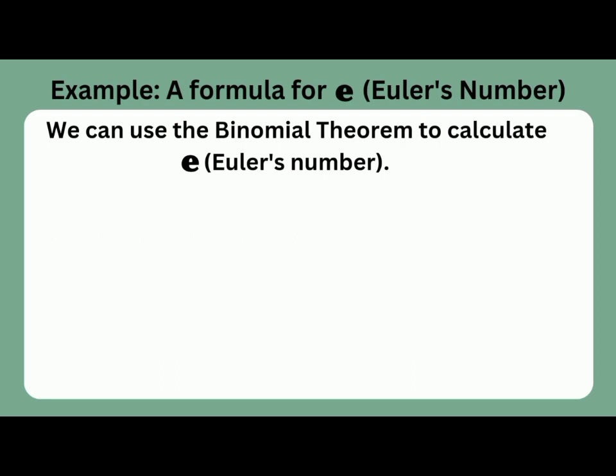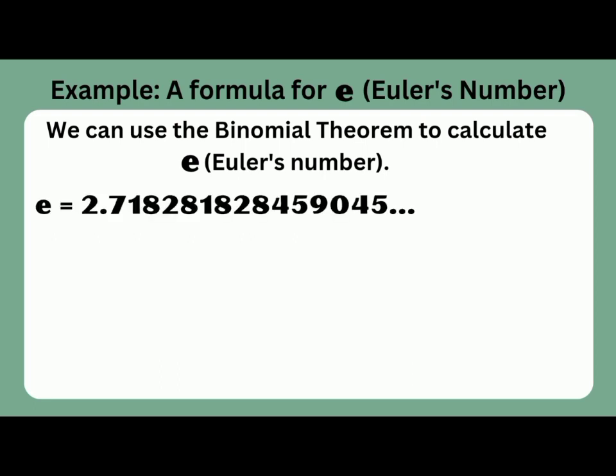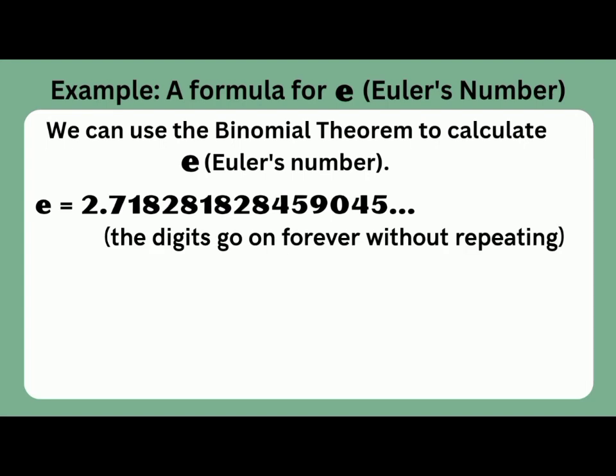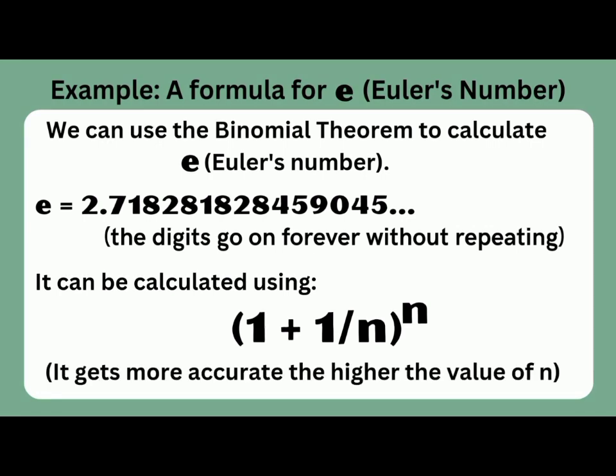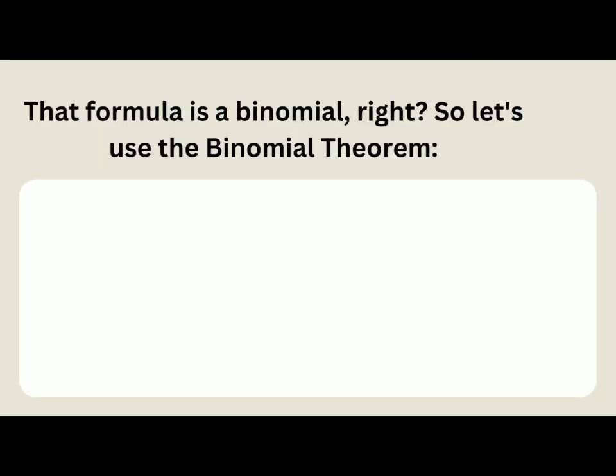Euler's number e equals 2.71, and the digits go on forever without repeating. It can be calculated using (1 + 1/n)^n, so it gets more accurate the higher the value of n. That formula is a binomial, right? So let's use the binomial theorem.